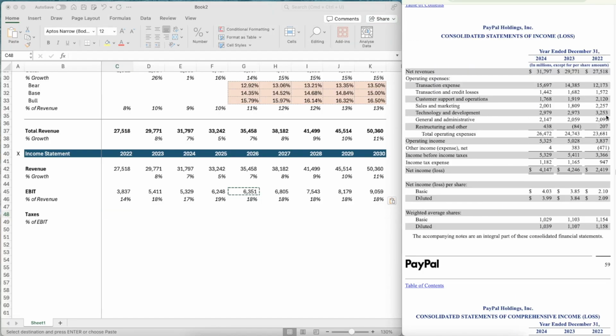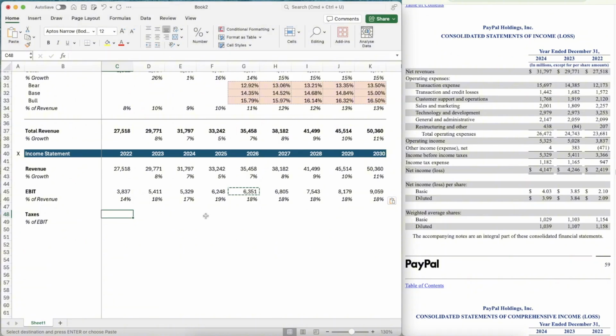Anything that was really big? Technology, so R&D. I mean, there wasn't really anything that stood out. I guess it probably just needed better revenue growth. Okay, so 947.